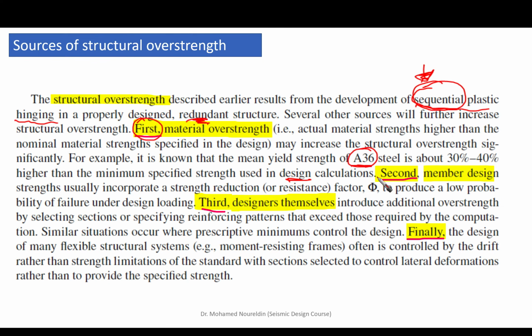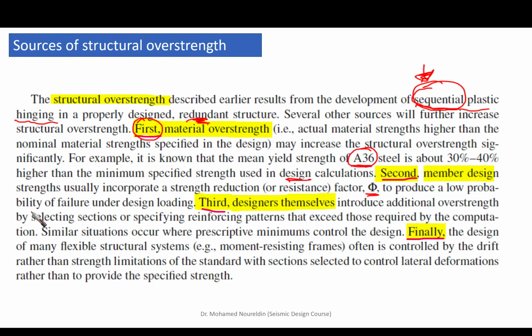Another source, second, is member design. Member design strengths usually incorporate a strength reduction factor or resistance. Do you remember phi? This strength reduction factor, 0.9 for tension, for example, 0.7 or 0.75 for other types like fracture. What is the meaning? That we are reducing the strength of the material, but actually the material would behave maybe higher than this, to produce a low probability of failure under design loading.